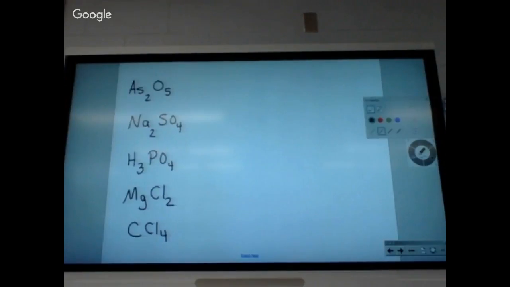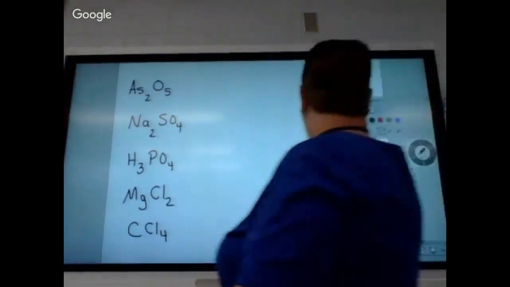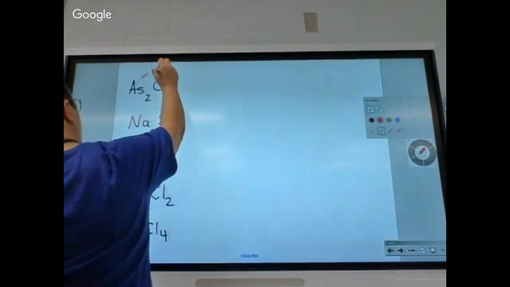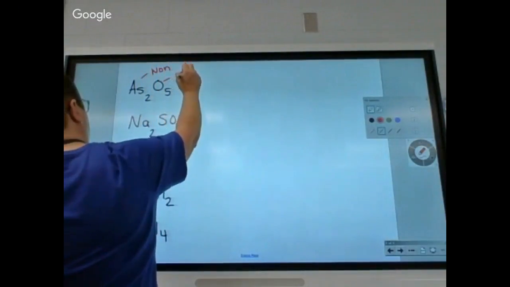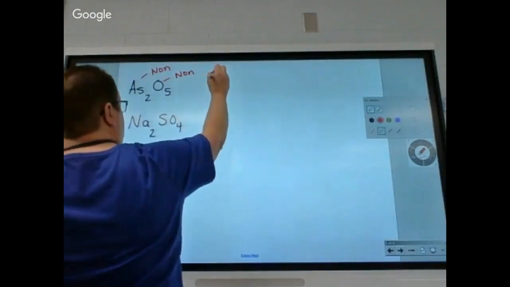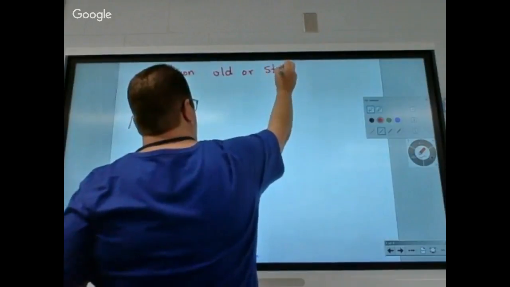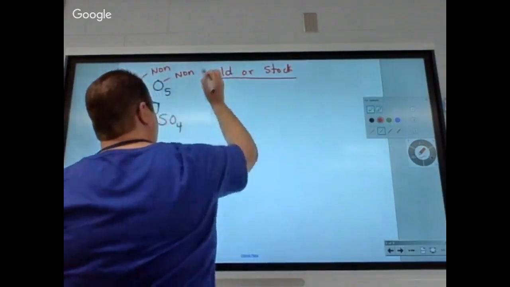So, what can you do in the first one? You can do the prefix. Do you have to? No. You don't have to, so you have a choice here. This one, as Chris said, is a non-metal, and it's a non-metal. So you can choose either old or stock system.